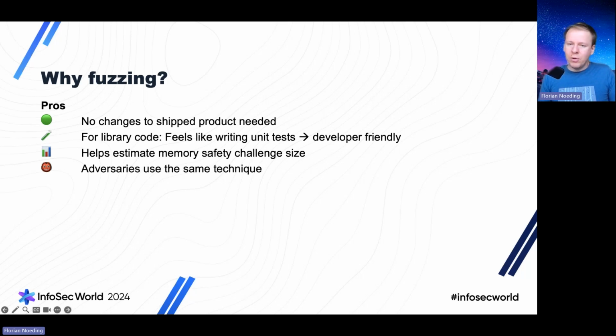At the beginning, you probably worry less about achieving high coverage, but just getting started with this journey is kind of important. And by fuzzing, if you have too much code to secure, you can also estimate the density of memory safety issues in a library or in a piece of code. And of course, as I mentioned, adversaries use the very same technique to find memory safety issues.